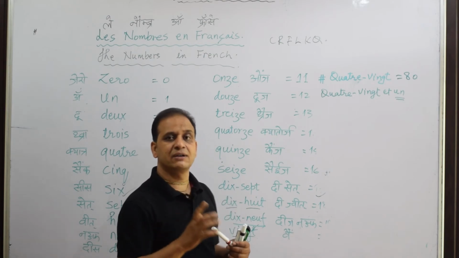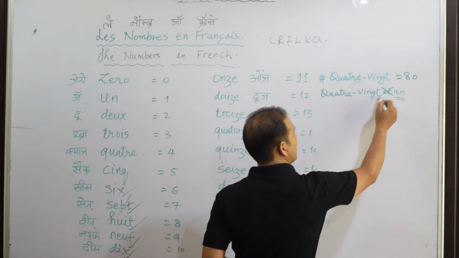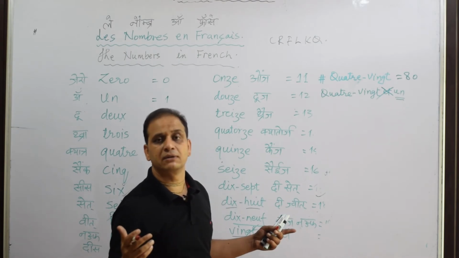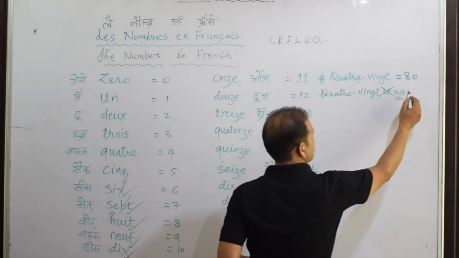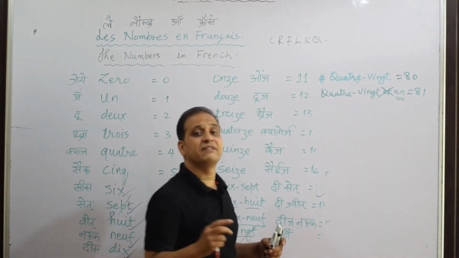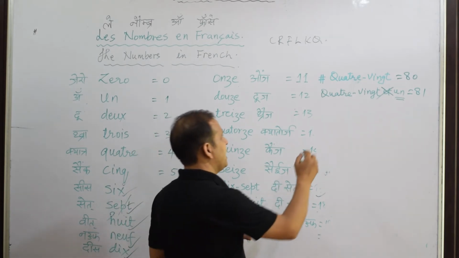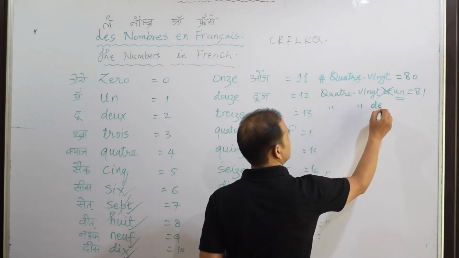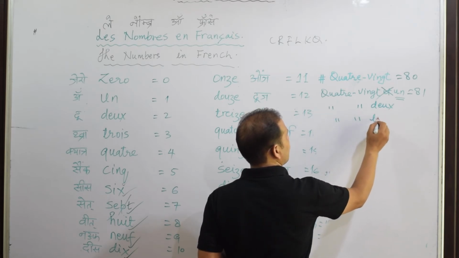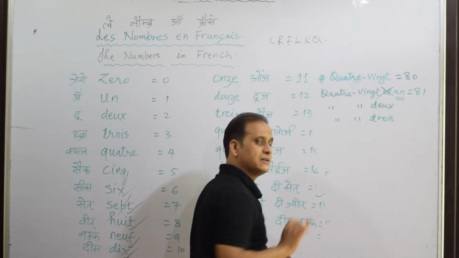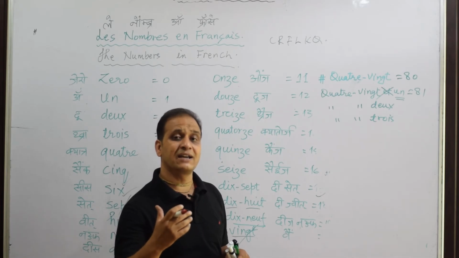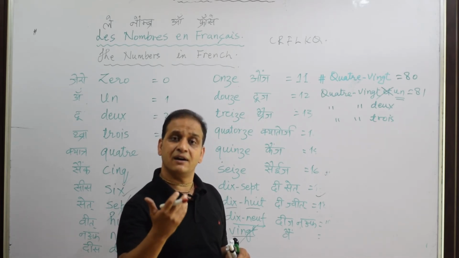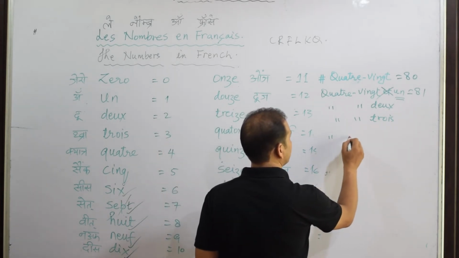But if it is 81, this et won't be there. Why? Again, this is something traditional. You have to accept it as it is. So it will be 81, and then 82, 83, like that. So how will you say 89? 89.